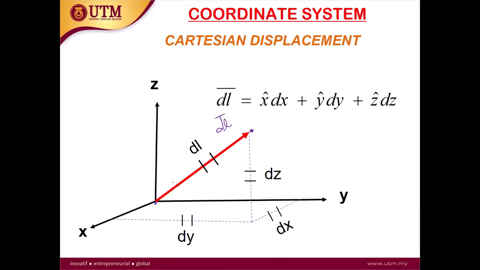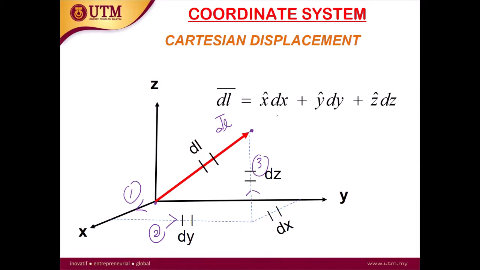By using the Cartesian coordinate, we can say that from this point is equal to the increment along the x-axis, and then the increment along the y-axis, and then going up, the increment on the z-axis. This is the first part, second part, and third part. So this is how we define the displacement on Cartesian coordinate.